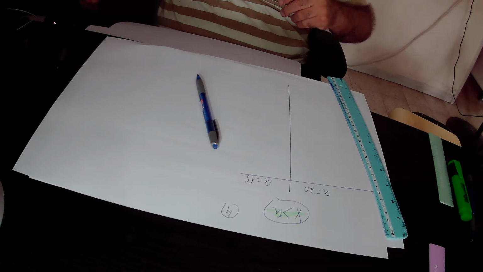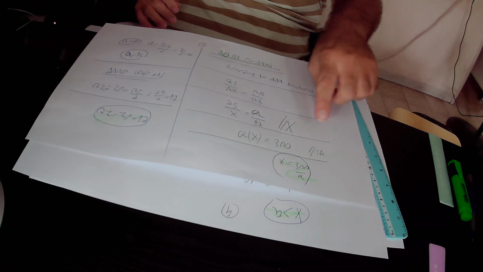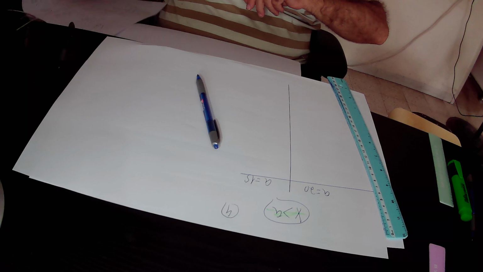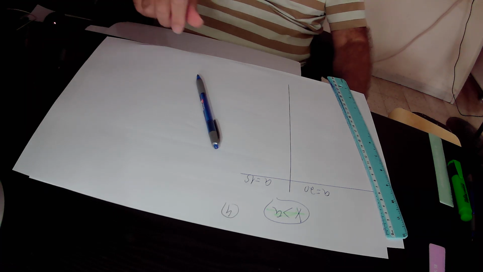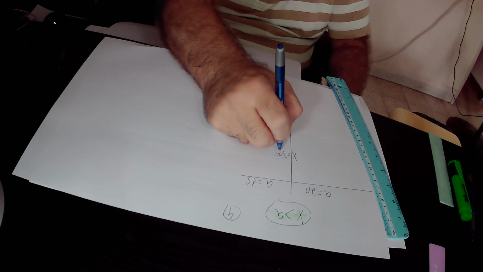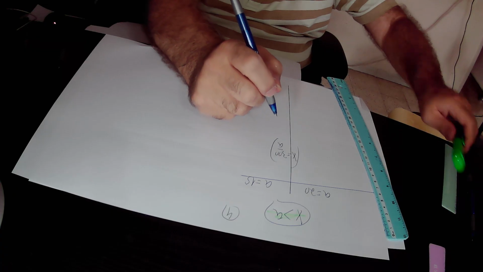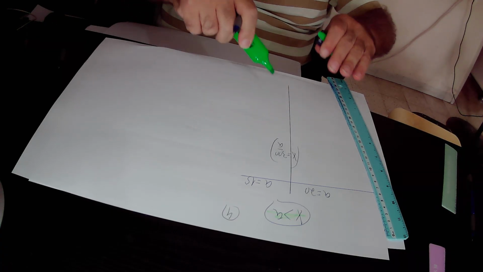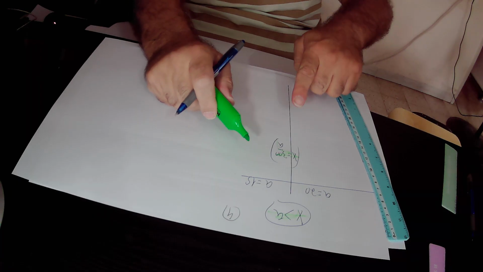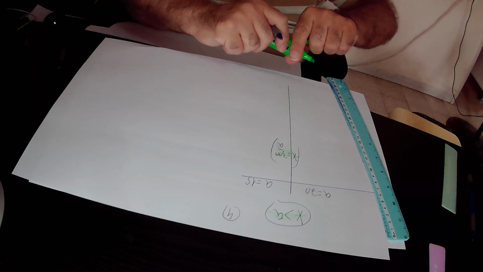We already found out that X equals to 300 over A. So if A equals to 15, it means that X equals to 300 over 15, that is 20.